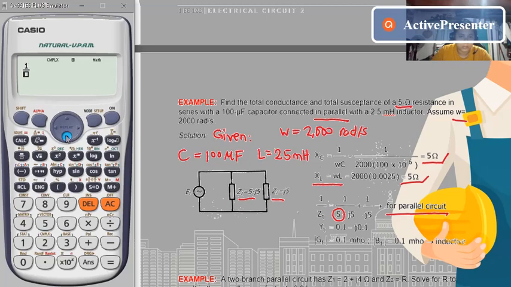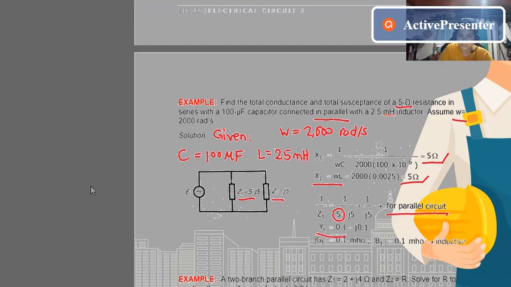So 1 over 5 minus 5i plus 1 over j5, or 5i. Our answer will be 0.1 minus 0.1i, or j0.1. So we have our answer here.